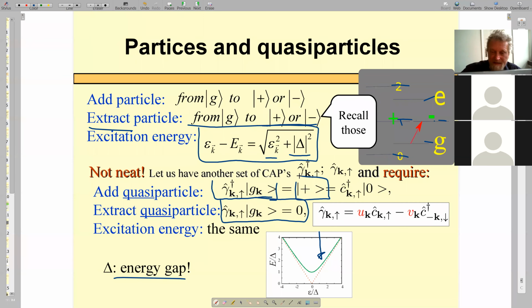Right, to satisfy these two, one has to, how shall I say, tinker with this operator and make it a superposition of creation and annihilation operators. Perhaps you remember we have discussed this superposition, these linear transformations of operators.